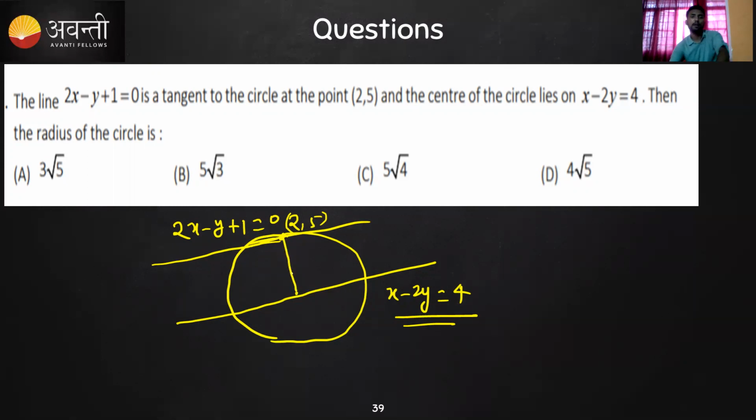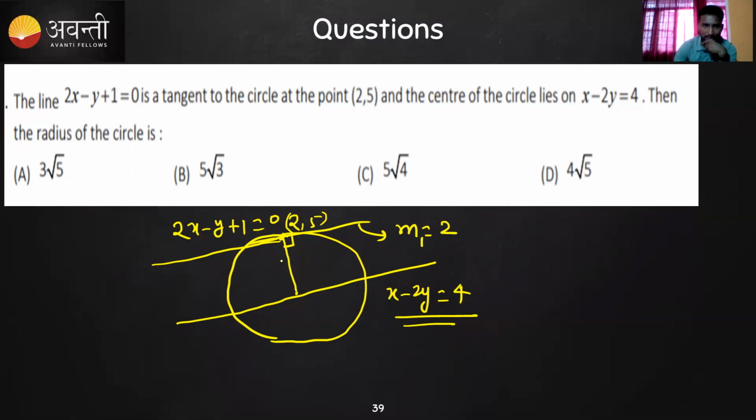So what can we do, guys? Just see, this is perpendicular, right? So do one thing. First, find the slope of this line. I think the slope of this line will be equal to 2, right? This m1 will be 2.